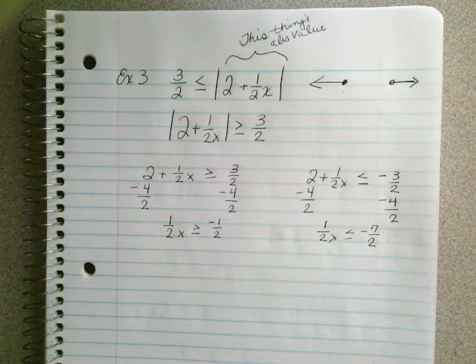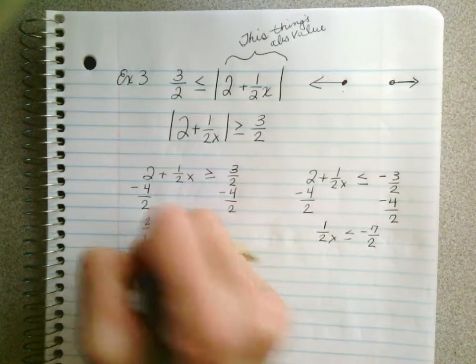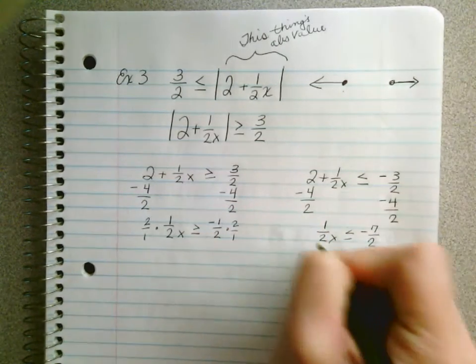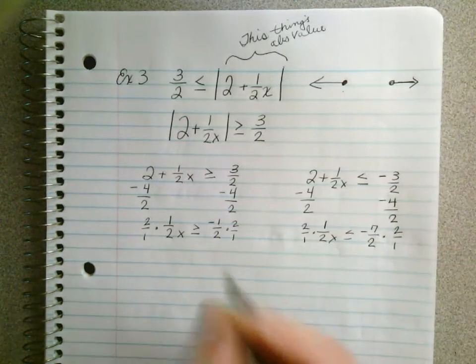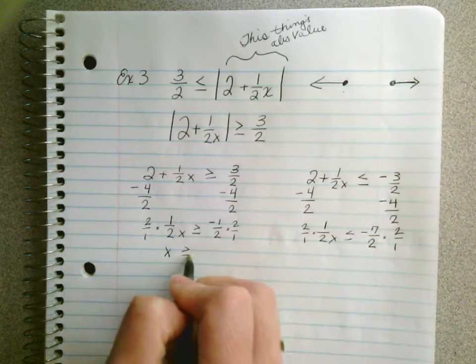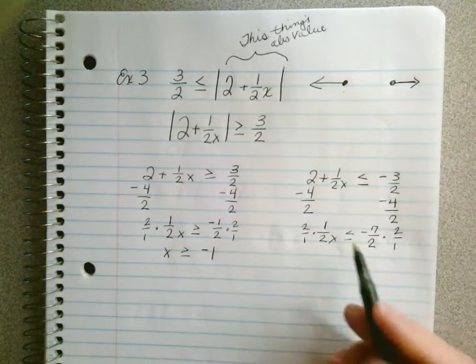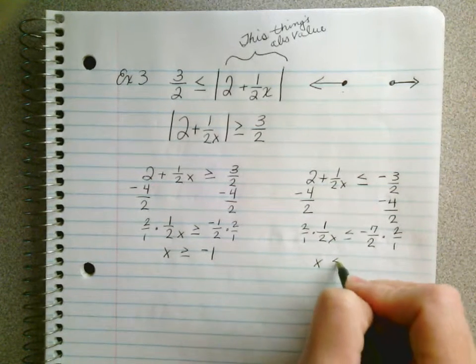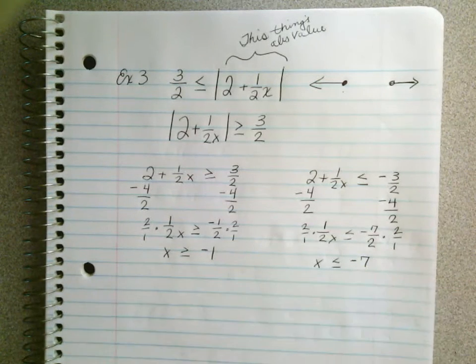Solve by multiplying by the reciprocal of 1/2, 2 over 1. x is greater than or equal to this result, which is negative 1, and x is less than or equal to this result, which is negative 7.